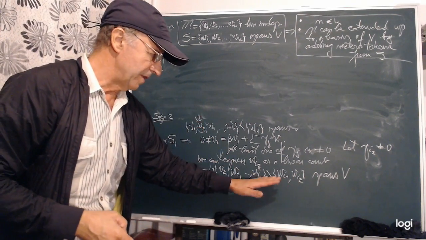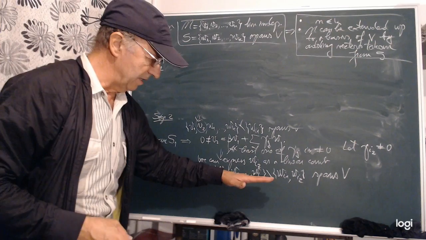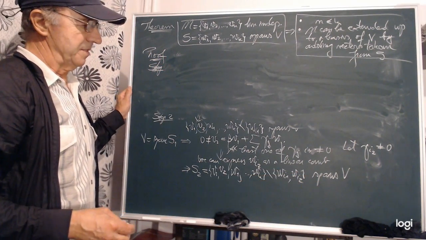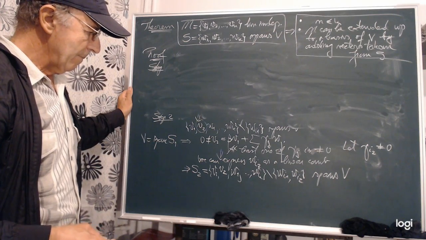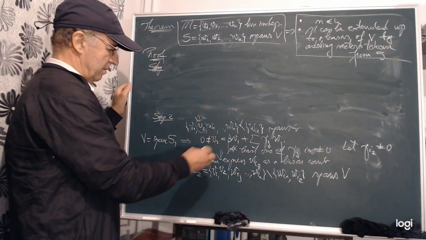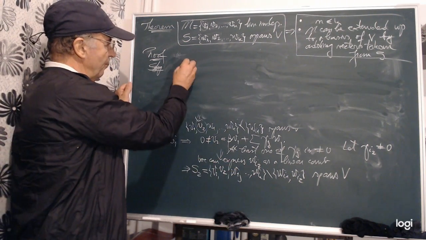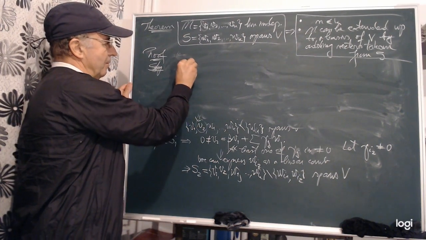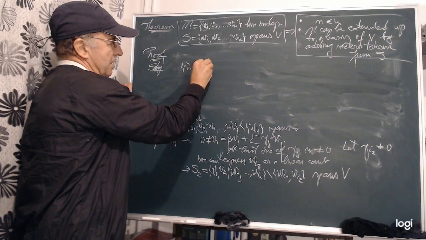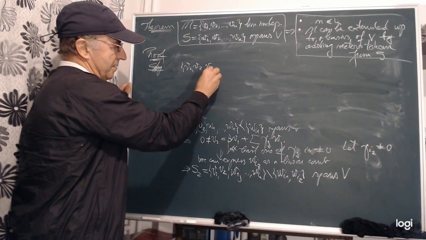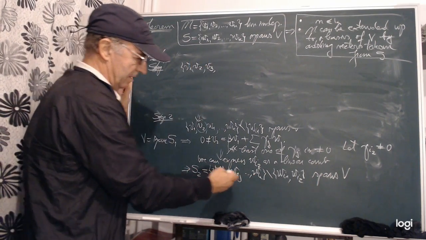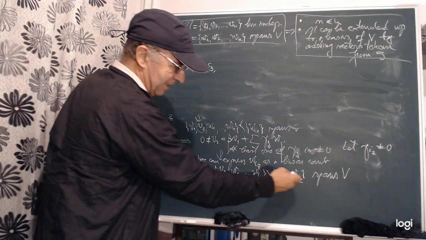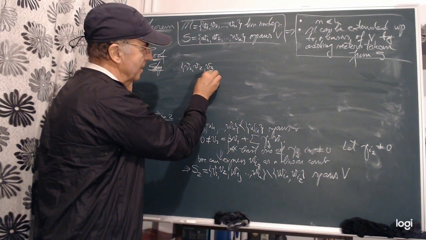So this continues to be a spanning system for V. Now from this we get the following system of vectors, V1, V2, V3, the next vector, and we add to this system V3.